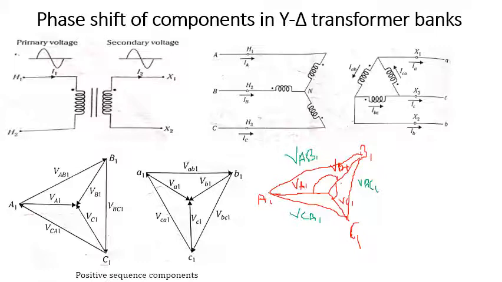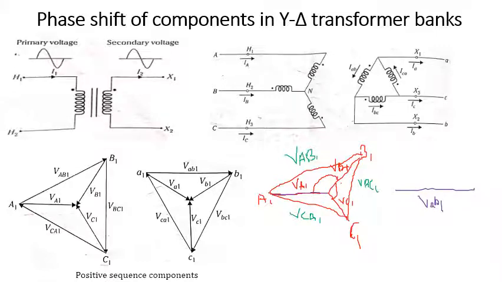Then coming to the right hand side, that is the delta connected side, the low voltage side of the circuit which we are considering. I told that this is VA1. What is the angle made? It is the same as VAB1.